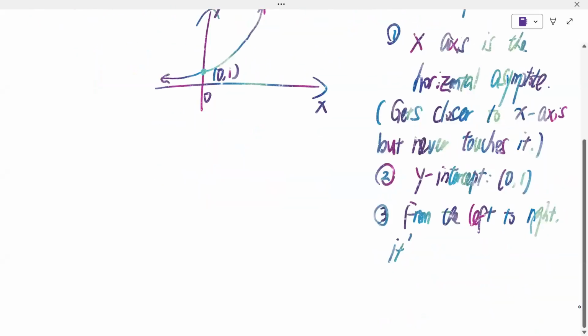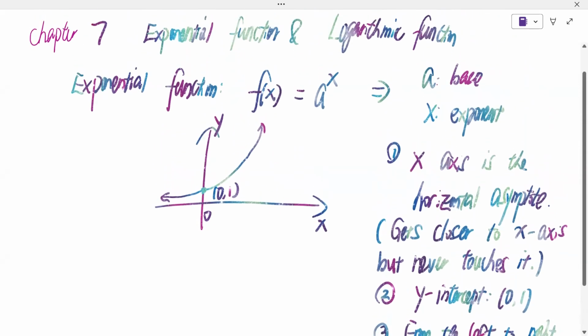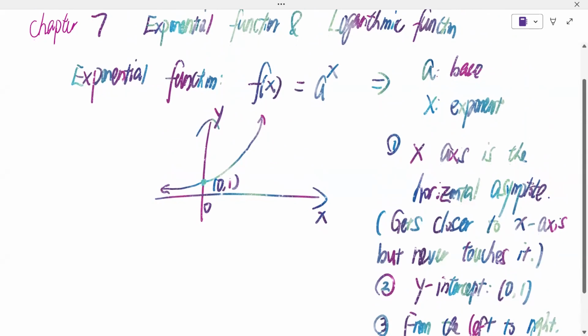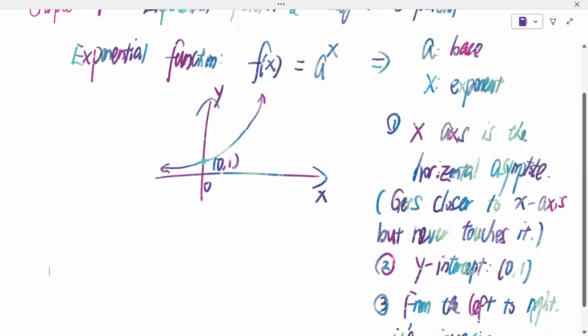And as x gets bigger and bigger, it increases at a much faster pace, right? That's another thing. It's not linear growth, it's exponential growth. This is when a is greater than 1.